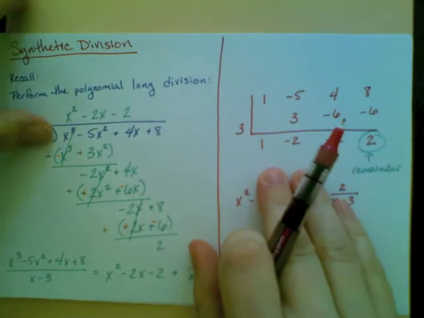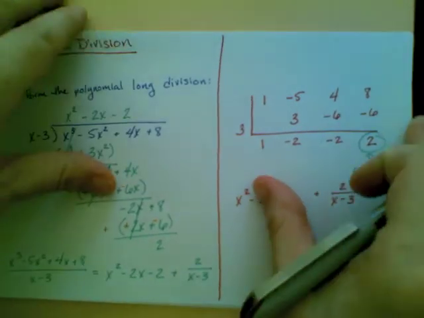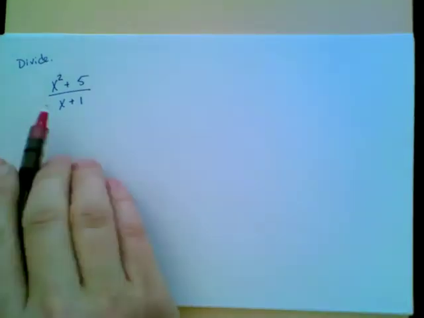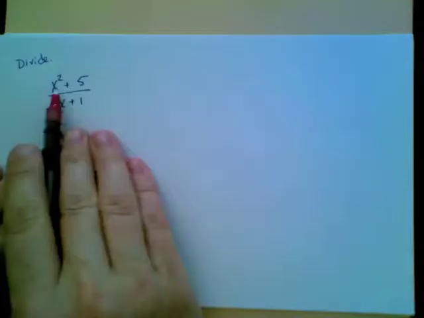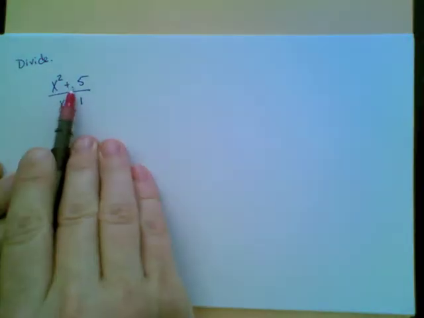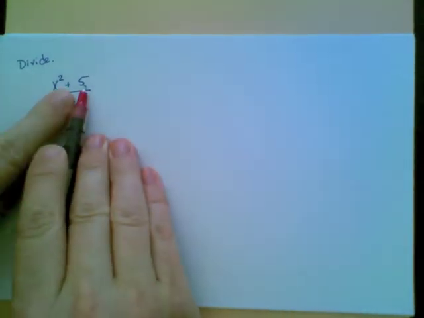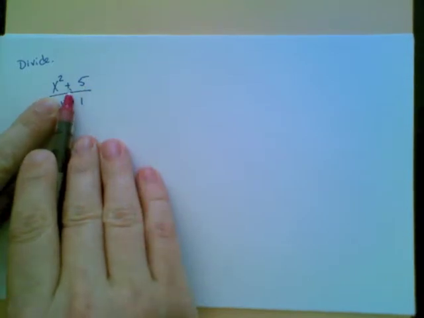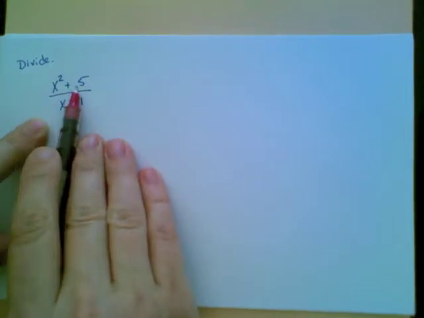Let's do another example. So I have this problem here where I want to divide. Now notice that I don't have a term for my x written out. We'll handle that in a second.